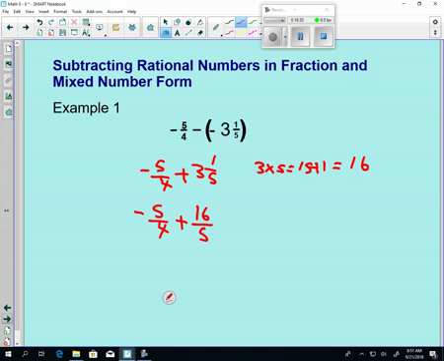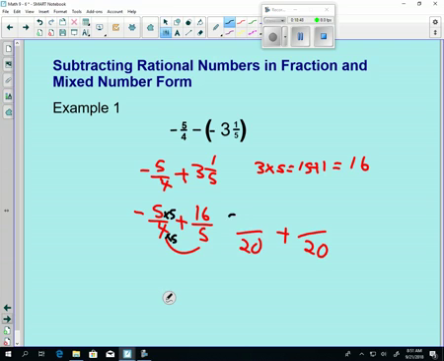Now, to get a common denominator, we can use the LCM method. So we multiply 4 by 5. We're going to get 20, right? Now, to go to 20, it means we've got to multiply the top part by 5.